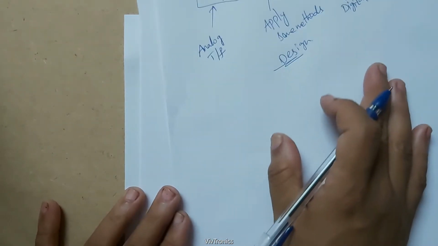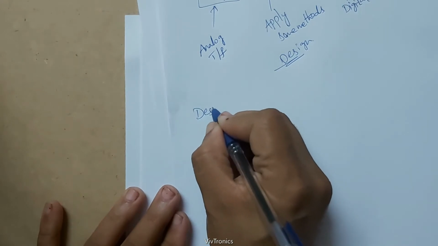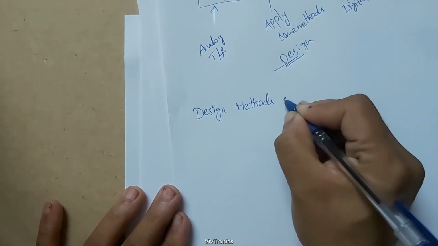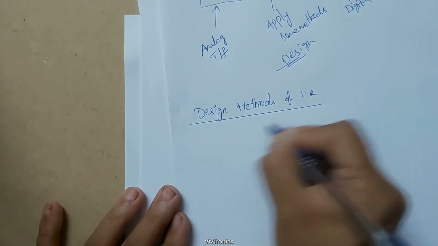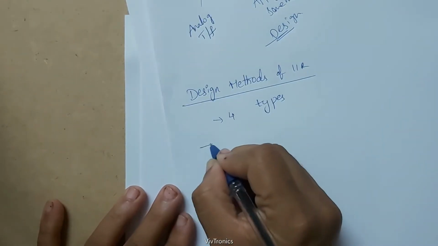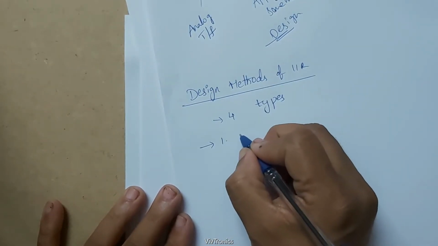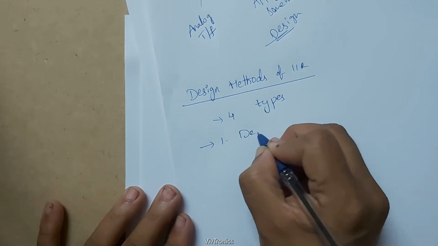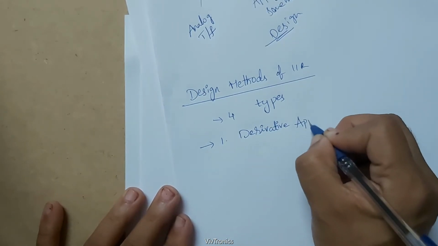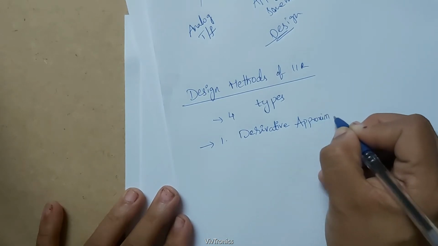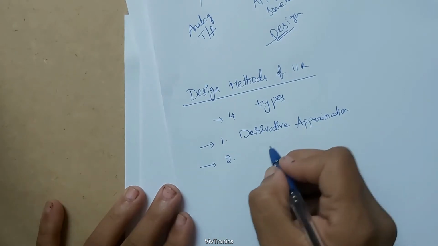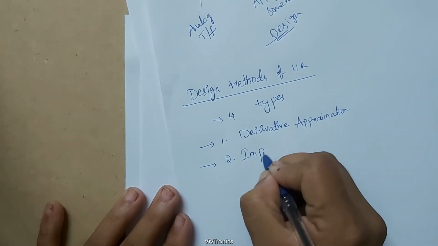So what are the design methods for IIR filters? There are generally 4 types of methods. Among those, the first one is the derivative approximation method. The second one is impulse invariance.